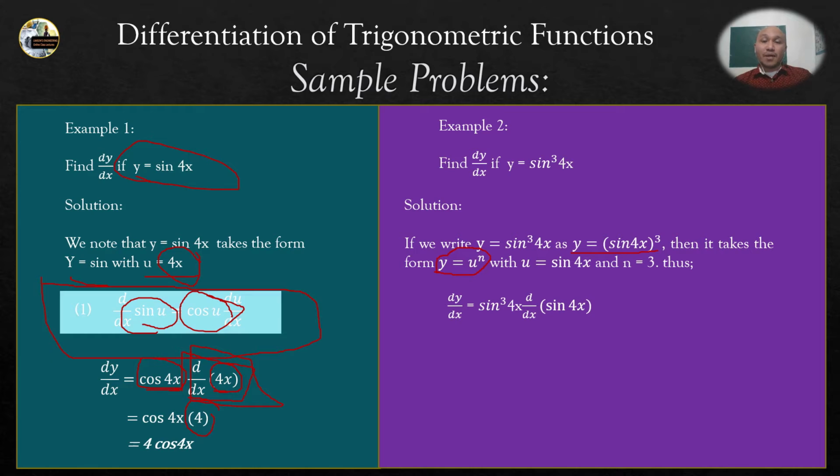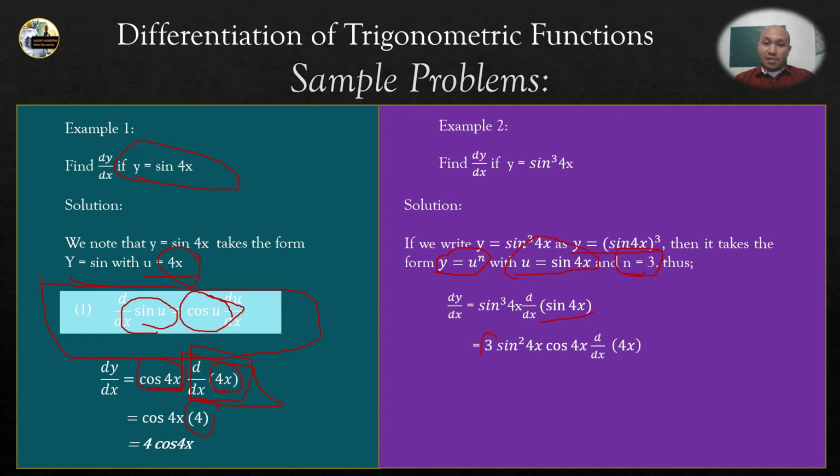This is the power formula from our previous topic, with u equal to sine 4x and n equal to 3. Our equation now becomes dy over dx equals sine cube 4x, d over dx times sine 4x. So this is our u. We will now use the power formula and the sine u formula.